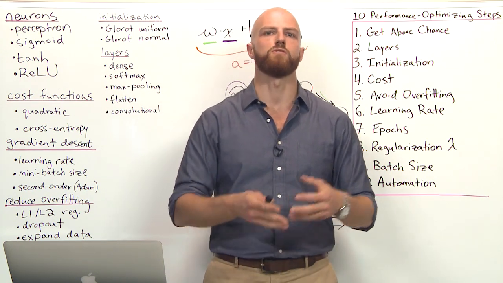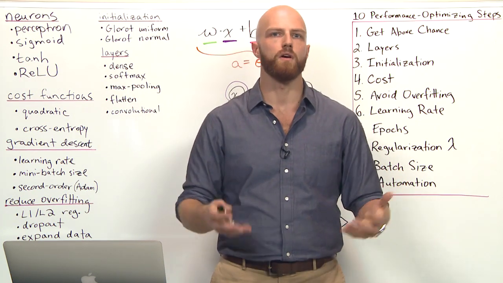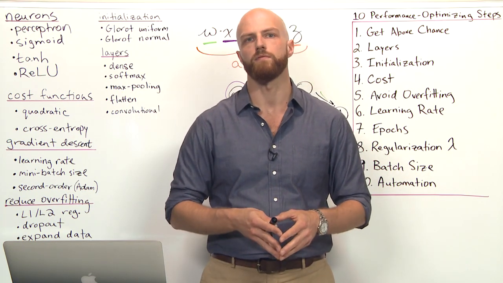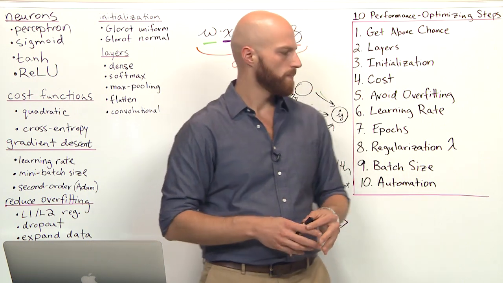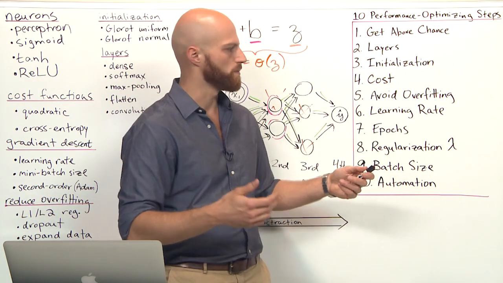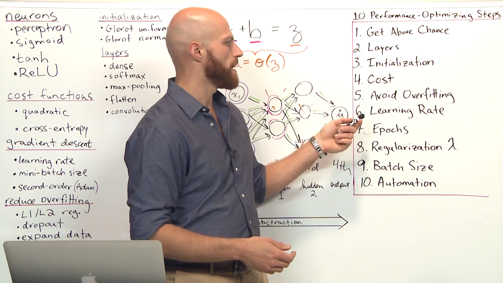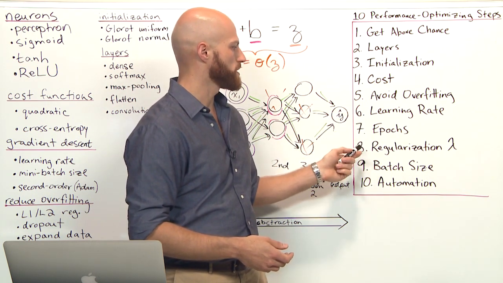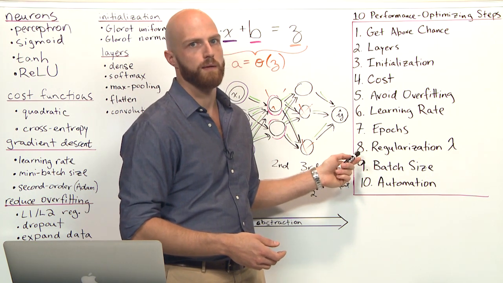If your mini batch size is too small, then you're not making the best use of the hardware and software resources that you have available to you. After you've found an optimal batch size, then once again, we're going to want to go back and have a look at our learning rate hyperparameter, our number of epochs, and our regularization parameter lambda.